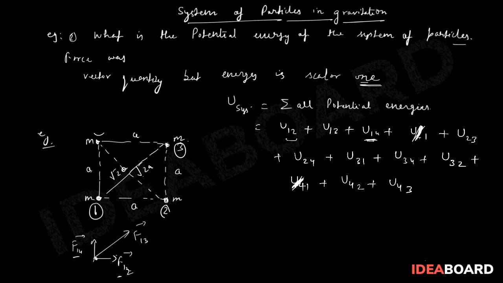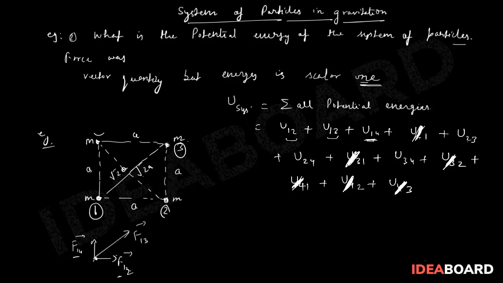Now if you talk about U23, then U32 is not needed, because both are going to be the same. If you talk about U34, then U43 is not needed. Similarly, if you talk about U24, then U42 is also not needed, correct? If you talk about U13, then U31 is also not needed, correct?